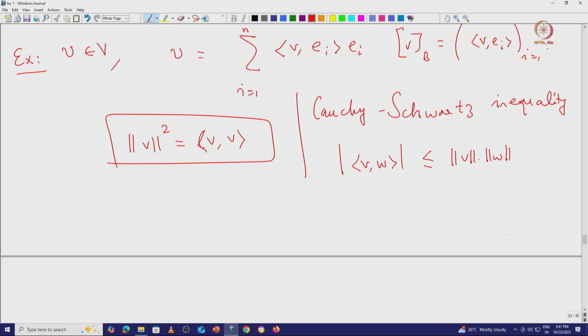We also have the triangle inequality: the norm of the sum of two vectors is at most the sum of the norms of those vectors.